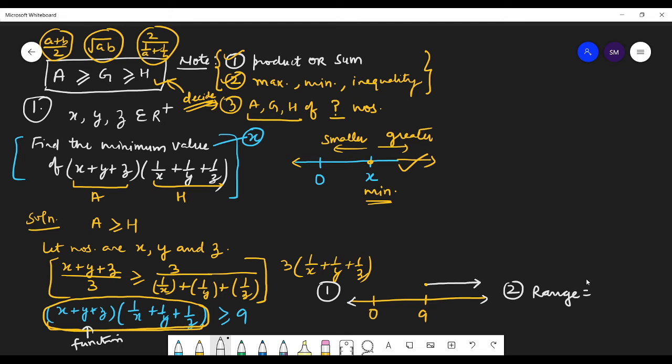Sir, 9 to infinity. Yes, 9 to infinity. Here I have an open bracket and here a closed bracket. That is why I put a dot here. Dot means you are including 9, so closed bracket means 9 is included.